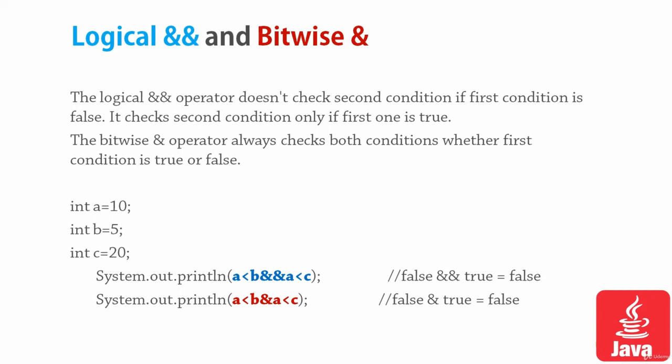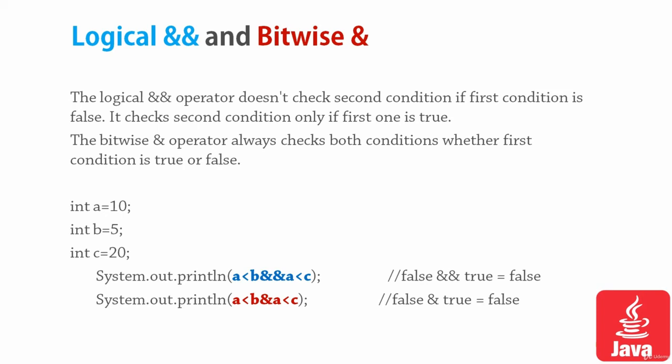The logical operator does not check the second condition if the first condition is false. So the difference here is with the logical operator: both conditions need to be satisfied. Suppose we have three variables having three different values.